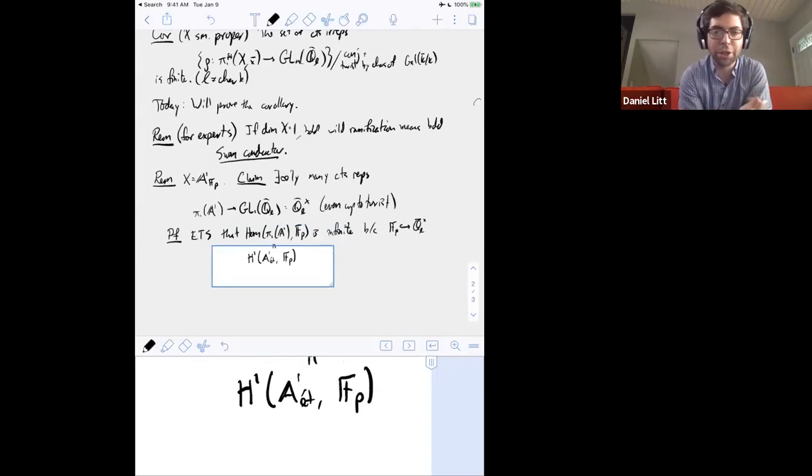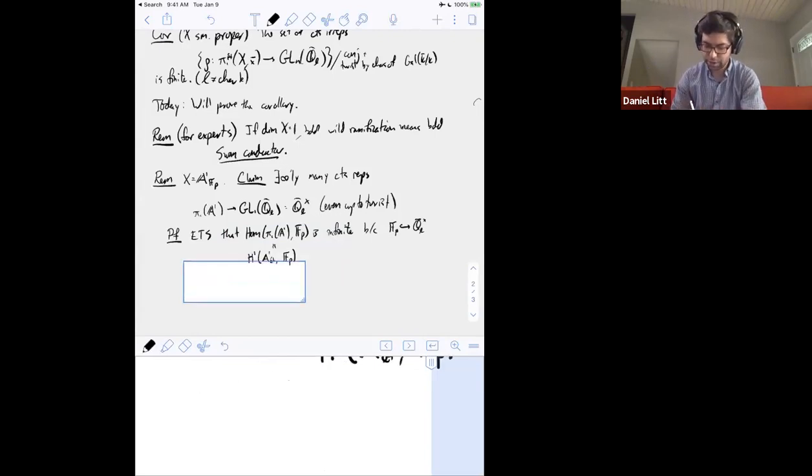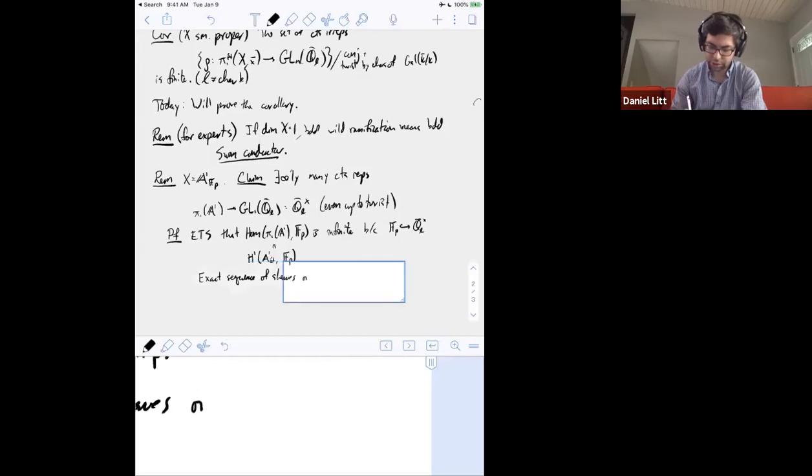So it's enough to compute this thing. The way you compute the cohomology of a sheaf is you try to put it in an exact sequence of things you know. And there's an exact sequence of sheaves on the Étale topology of A^1, which goes as follows. It starts with the constant sheaf F_p.